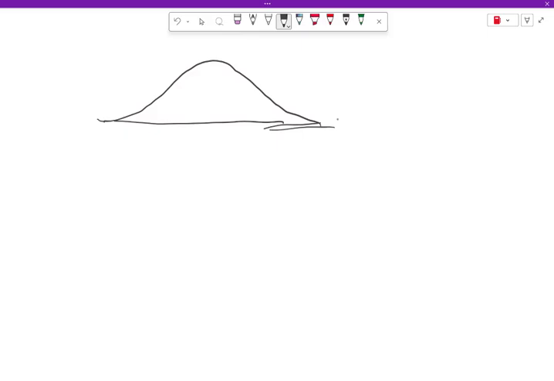It's continuous, it's got a middle, the average, and it goes in both directions. It literally goes to infinity. Minus infinity and plus infinity. So there's no divisions in it.